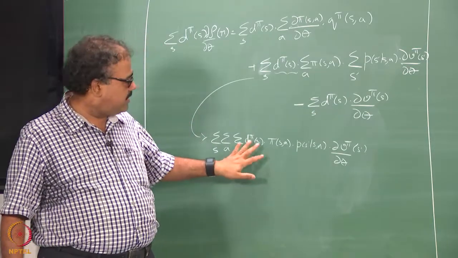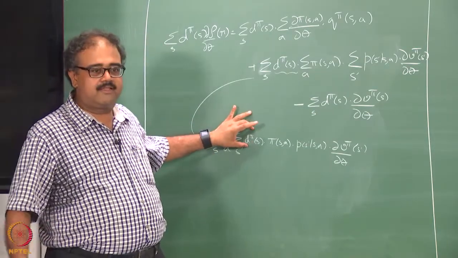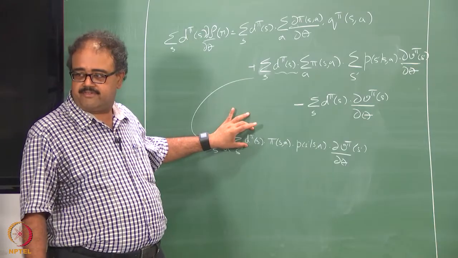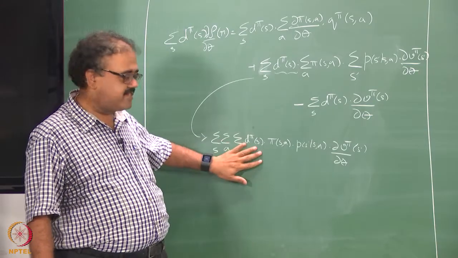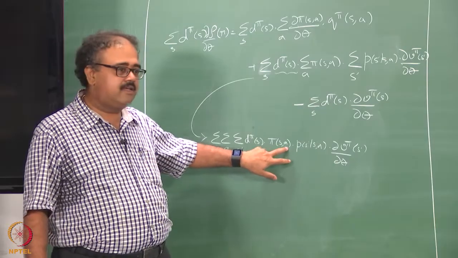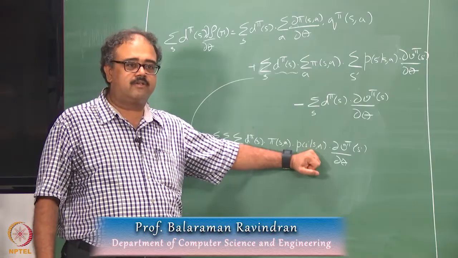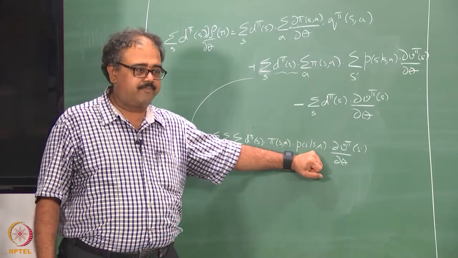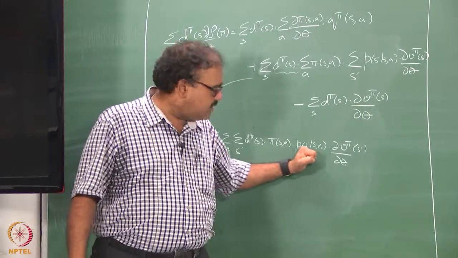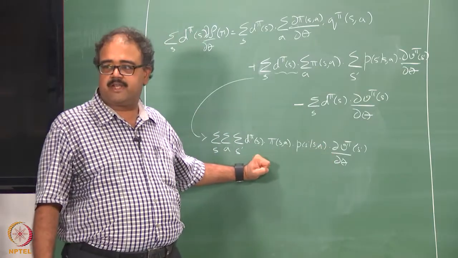So, what does this mean? I am going to start off with the stationary distribution d pi, there is some state s. I will take an action according to my policy pi, then I will make a transition according to P. This whole thing, what do I expect this distribution to be like?